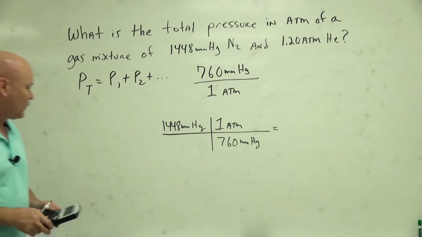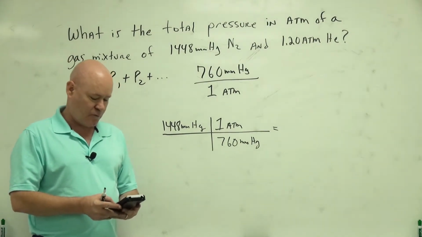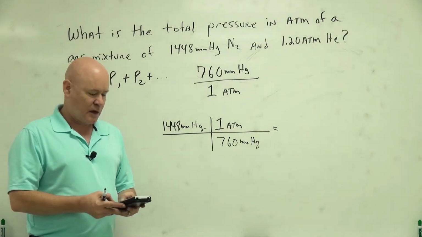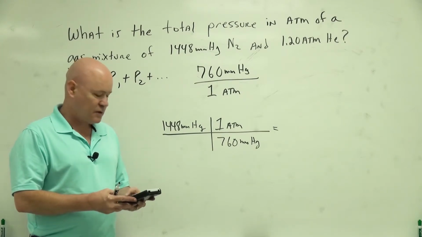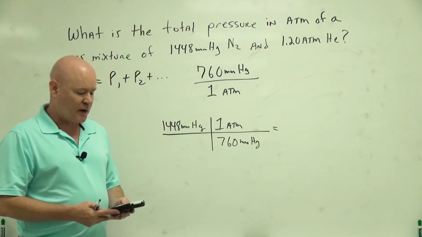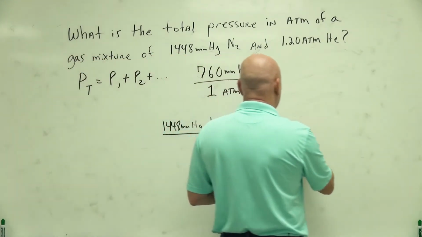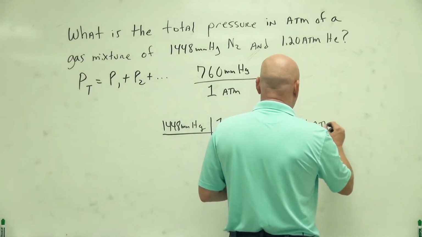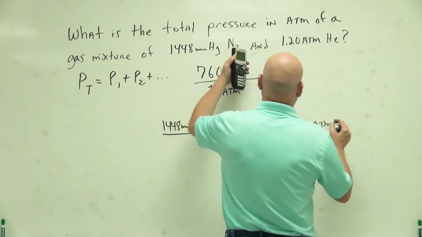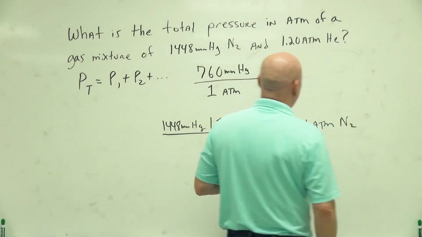So let's put that in my calculator. 1448 divided by 760 according to my setup, and that is 1.91 atmospheres of the nitrogen. Now what?